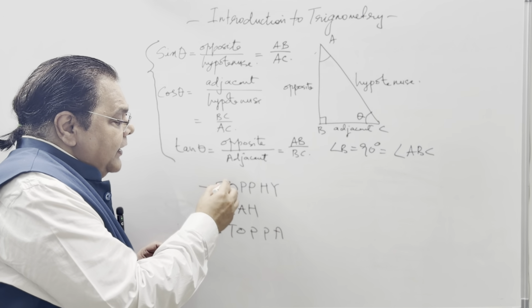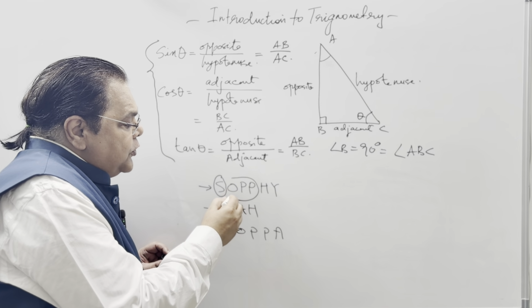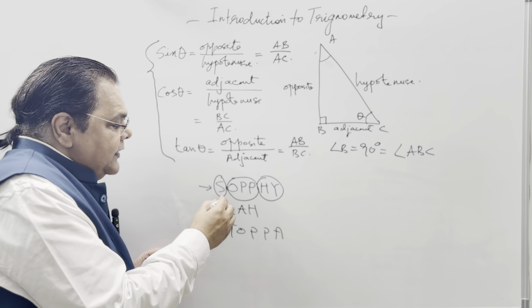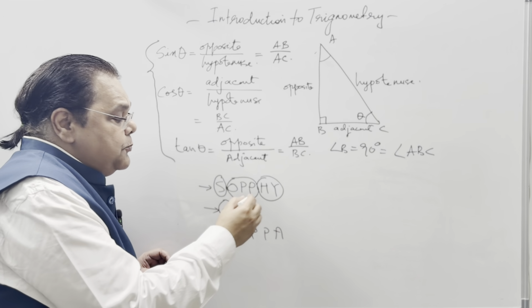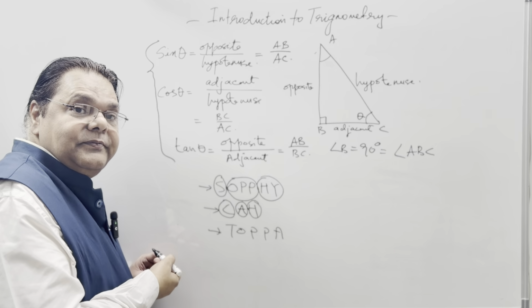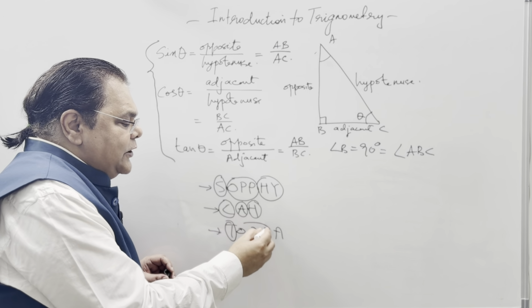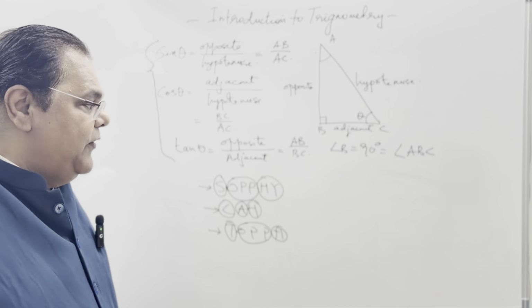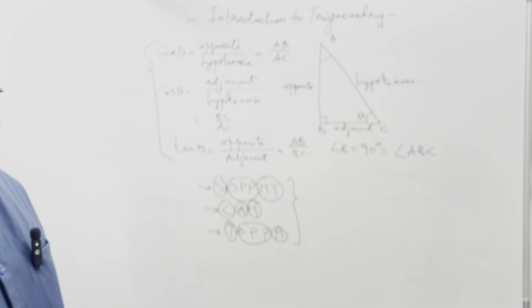So sine theta is equal to opposite by hypotenuse, correct? Similarly, cos theta is equal to adjacent by hypotenuse. Similarly, tan theta is equal to opposite by adjacent. So you see, this is a very easy method to remember sine theta, cos theta and tan theta.